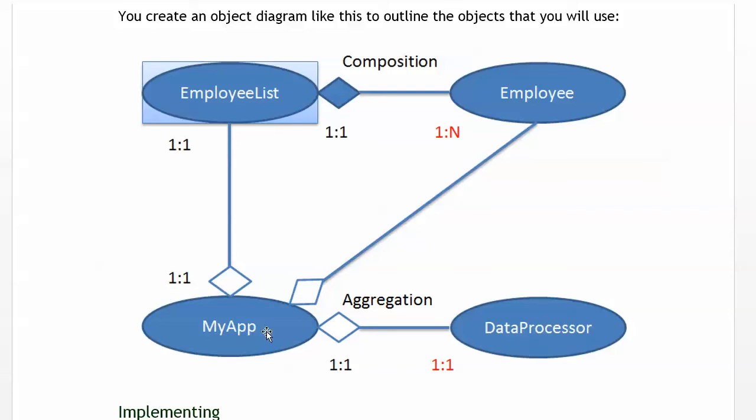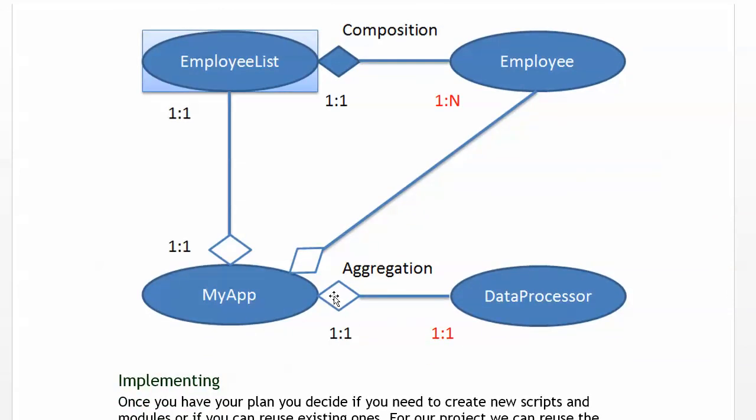Otherwise, it just goes away when you close down the application. So I'll mark that up as a loose binding, an aggregation. And I'm going to say that you don't have to make multiple data processor objects. You just have one data processor and only one. And so, I probably should have made that composition. But it doesn't matter too much.